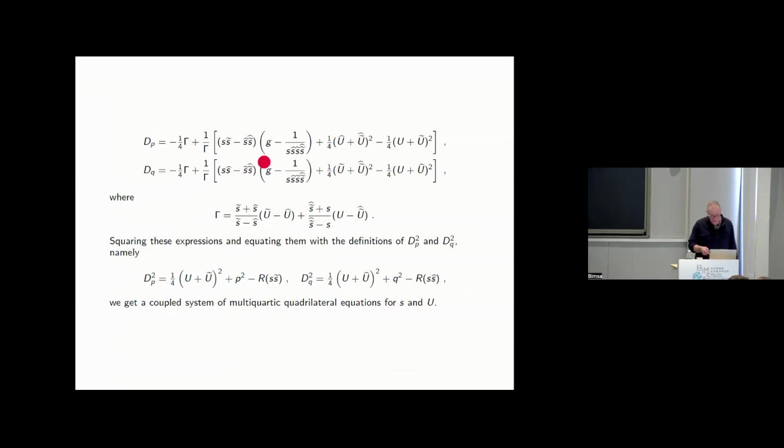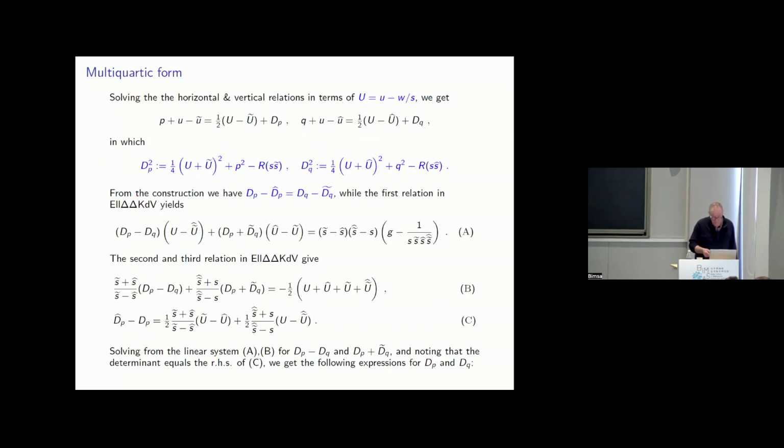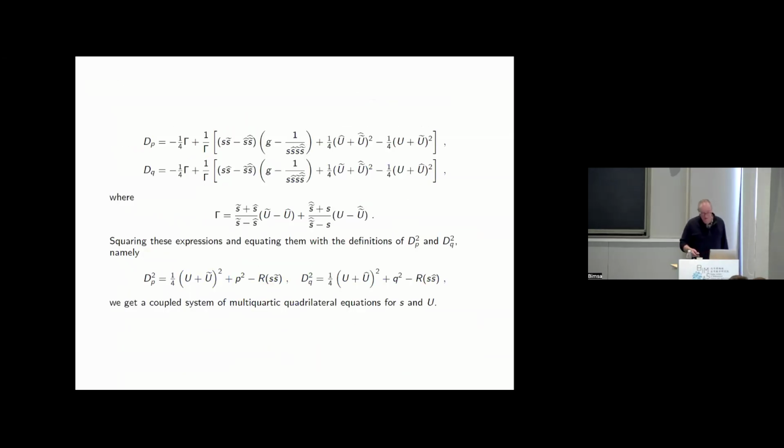So when you equate these expressions with the definitions of the discriminants, which were given here, you get this coupled multiquartic system that is another alternative way of rewriting this whole system of quad equations.